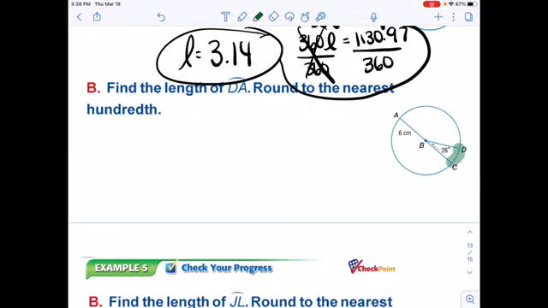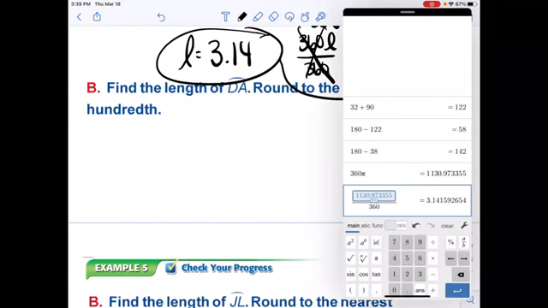Okay? Now, we can find the length of arc DA again, different DA though, and round to the nearest hundredth. Oops, sorry, that's not DA. This is DA. So important thing to note, just like I did right there, make sure you're talking about the right arc, and that when you write out your corresponding central angle, you're actually using this one over here, not necessarily the one given.